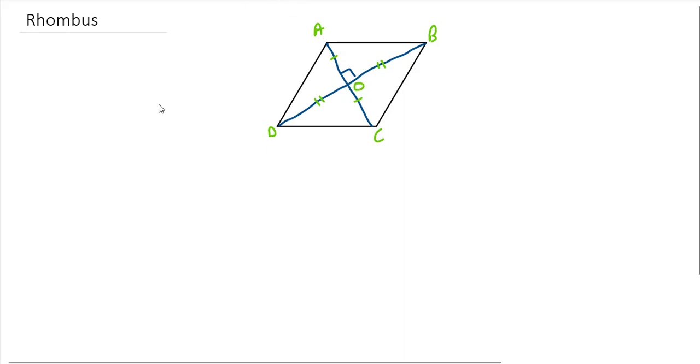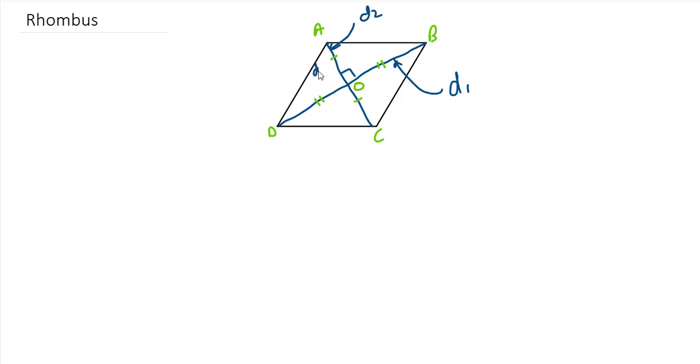So the area of the rhombus will be given by, let this be the length of the diagonal d1, and the length of this diagonal be d2. So this part will be d2 by 2, and this part will be d2 by 2.